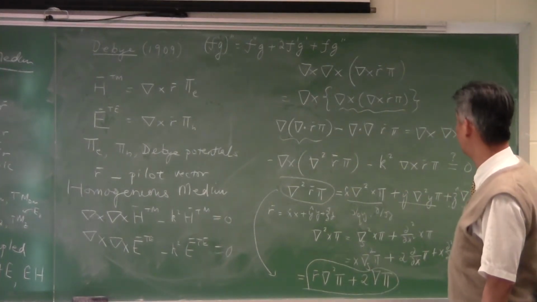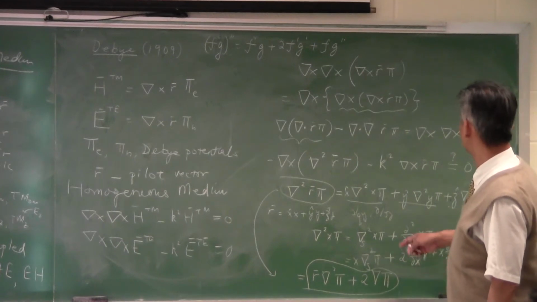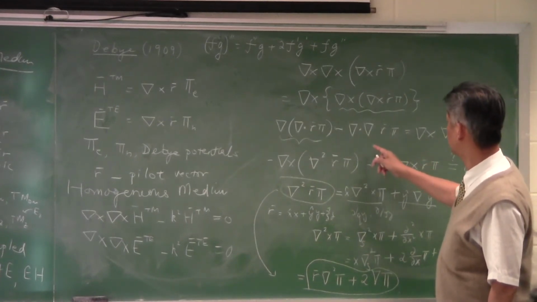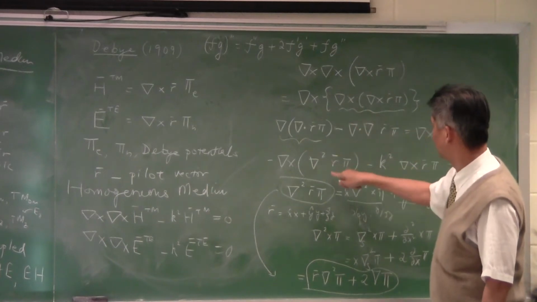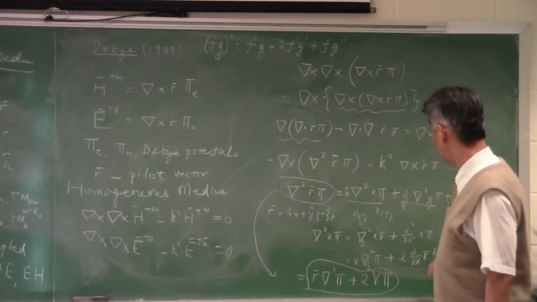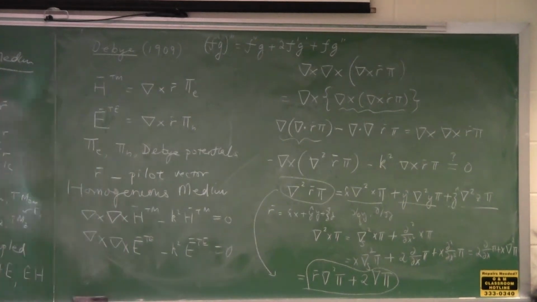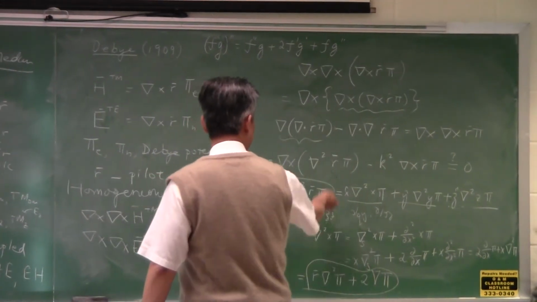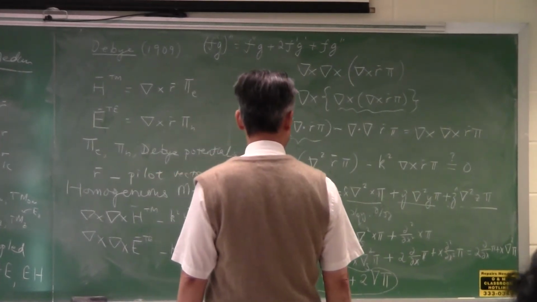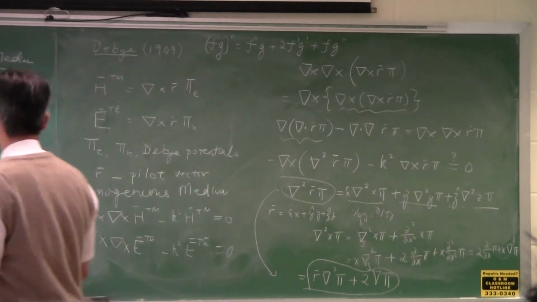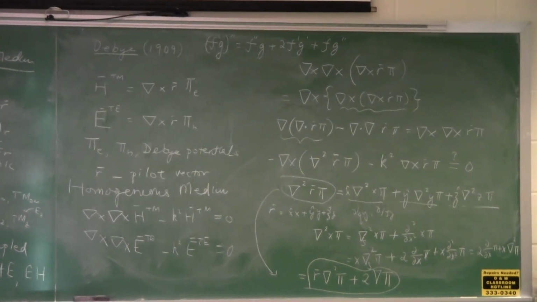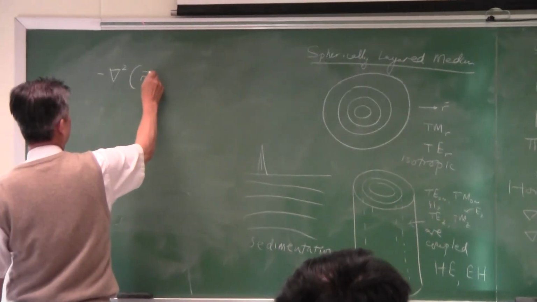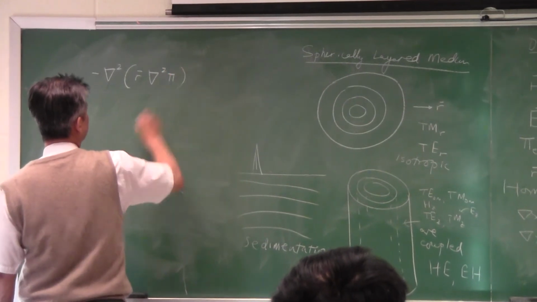So I can show that this thing gives me that thing when plugged into that thing, and then that thing finally just becomes, because this term will disappear, when it's plugged in there, it will just give me minus Laplacian of R, Laplacian of pi.